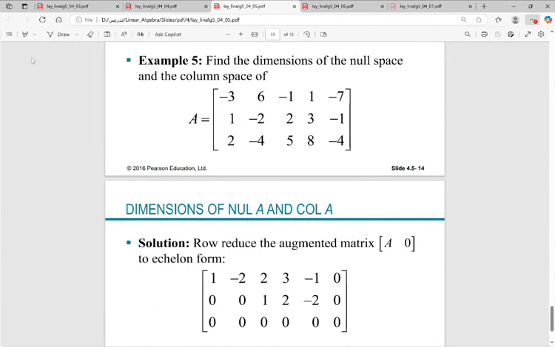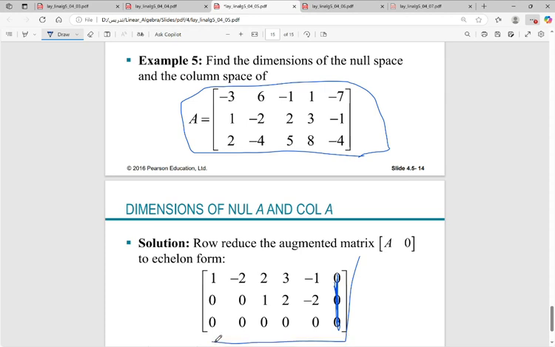Okay, we have a matrix like this, A, and you are asked to find a basis for its column space. What you do is first find its echelon form. So ignore the last column in this matrix, and the resulting matrix is the echelon form of matrix A. Let's call it B. In matrix B, you check what columns are pivot.